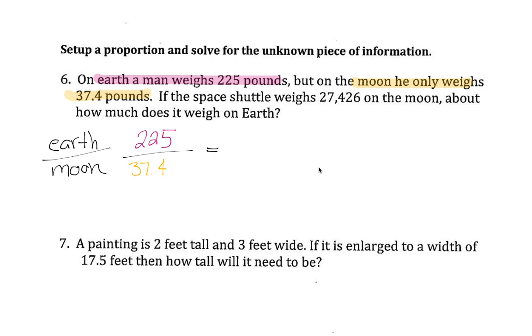If the space shuttle weighs 27,426 on the moon, so that's going to be yellow. How much does it weigh on Earth? That's going to be pink. So the yellow is going to go on the bottom because that's where the moon numbers are.